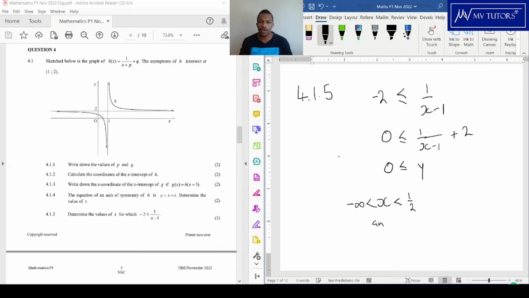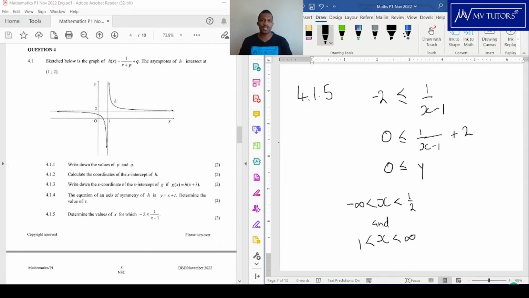But also, if you notice, there's an asymptote here. I can also see the graph from this asymptote at 1 all the way up until positive infinity. So I will in fact have two answers here. This time I'm starting from 1 all the way up to positive infinity.